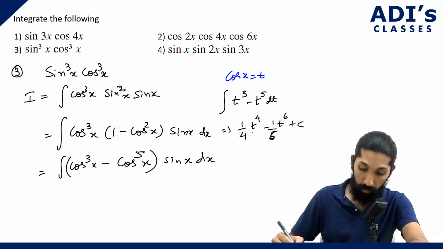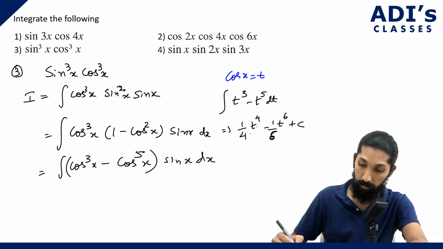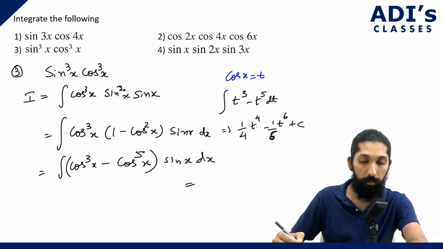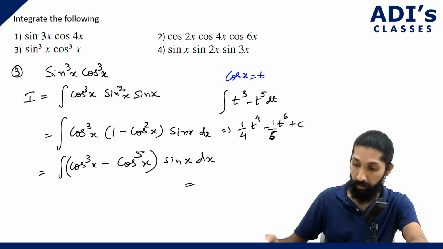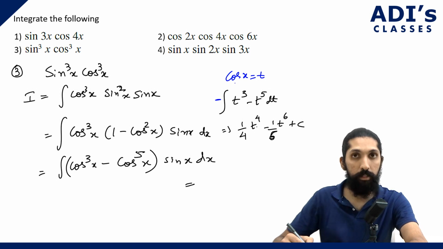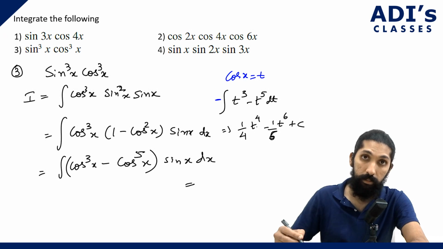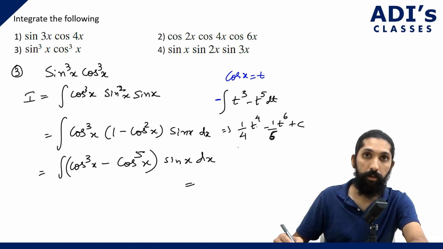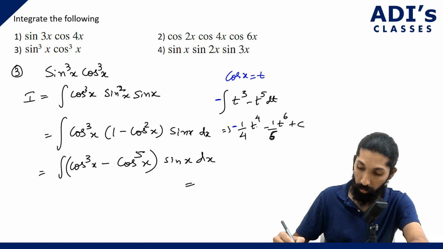Now once you have this one, what is t value? Cos x. Right? So once you have cos x, substitute. But there is one important point what we are missing out. That is adding the negative sign. Because if cos x is t, minus sin x is dt. So minus sign is applicable everywhere. Right? So this is also minus of the whole thing.